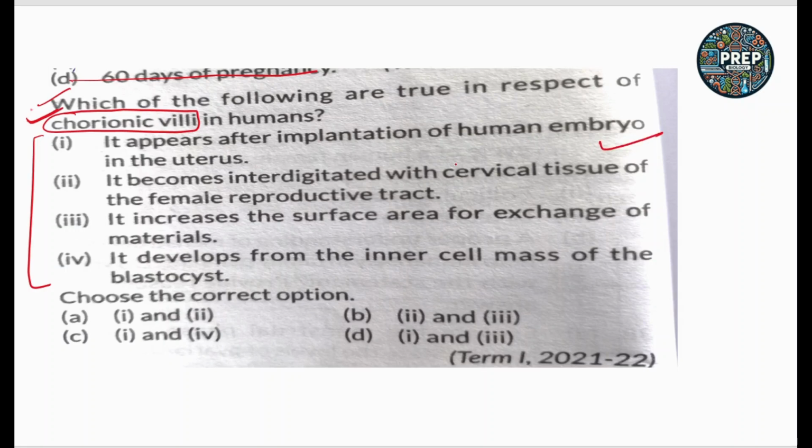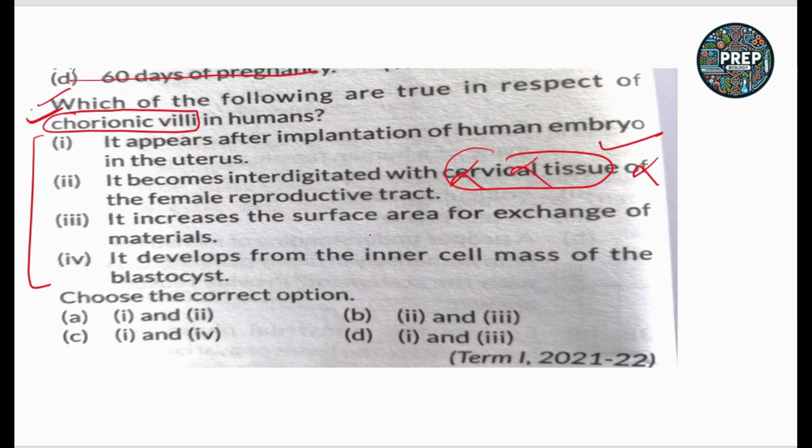Yes, it is correct. It becomes interdigitated with the cervical tissues. No, this is incorrect. Why? The chorionic villi and uterine tissues become interdigitated with each other to form the placenta, not the cervical tissues. Okay, that's why it is incorrect.